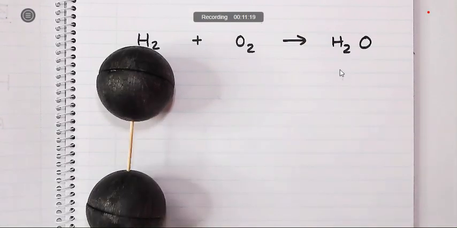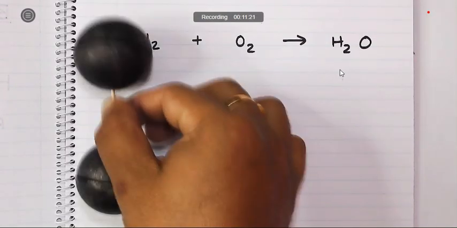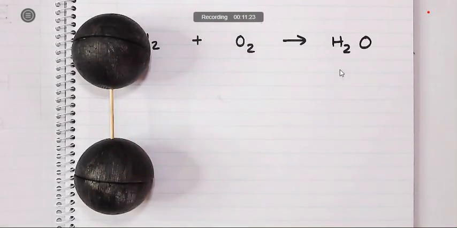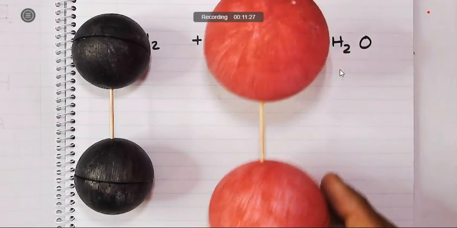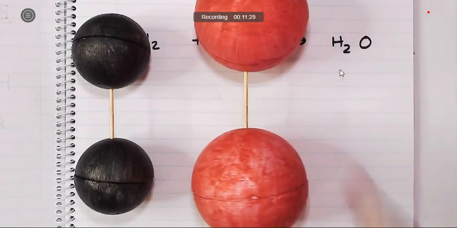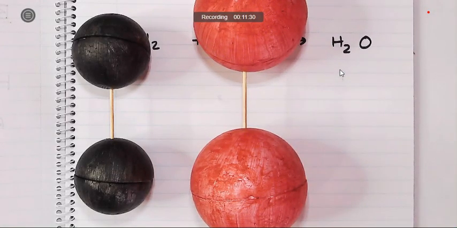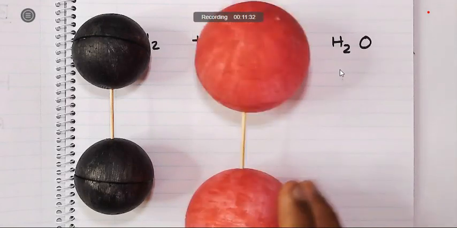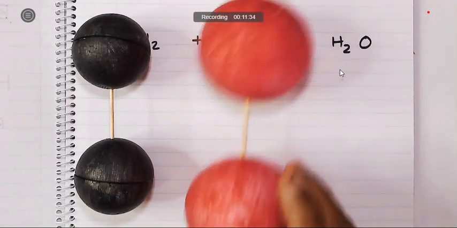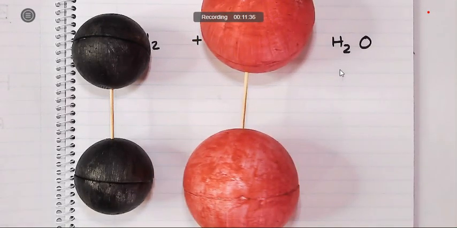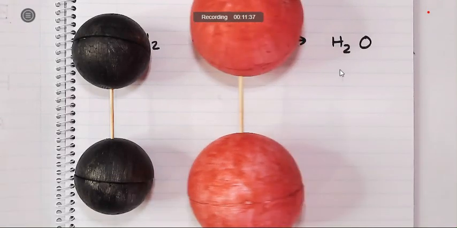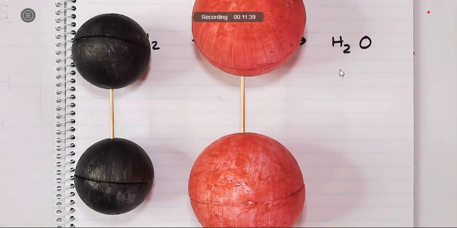So hydrogen is like this, H2. And your oxygen is like this. Oxygen is a little bit larger than hydrogen. We have two oxygens here, one oxygen and the other one here, right? These are the oxygen, and you should get the water molecule like this.